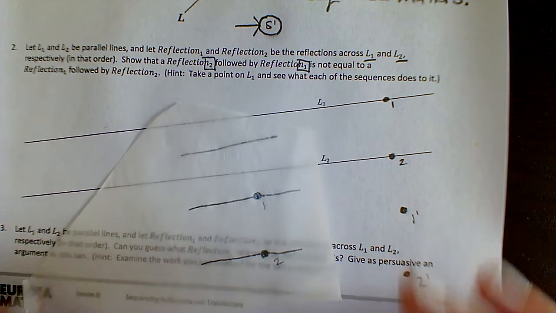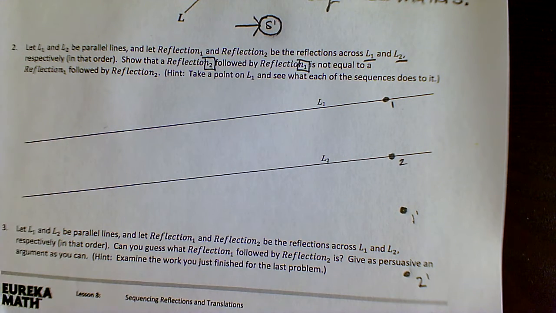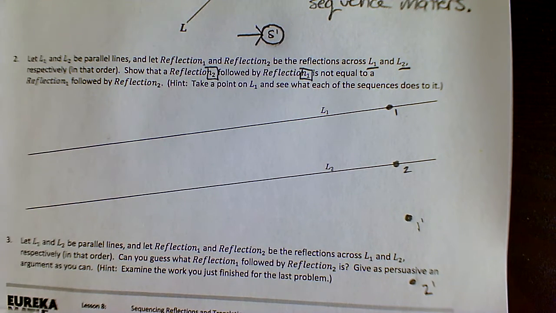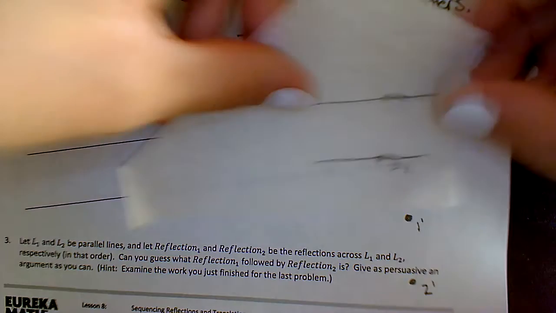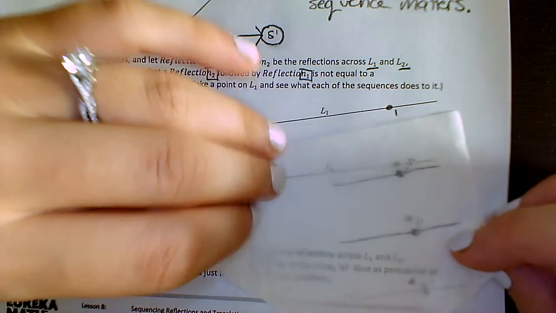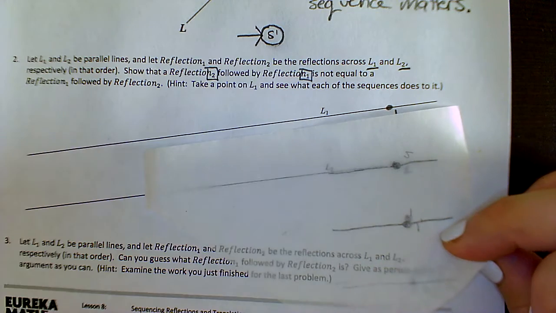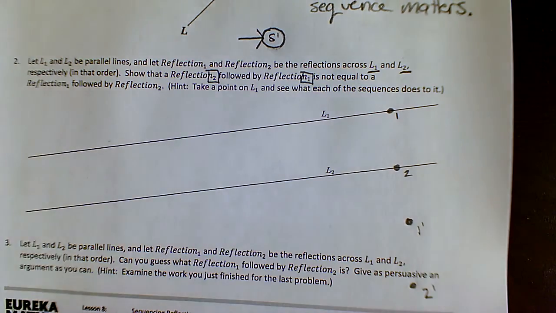Now we are going to do the same thing, but we're going to go in the opposite order. So first we're going to reflect over line 2. Oops, I need a longer piece of tracing paper.